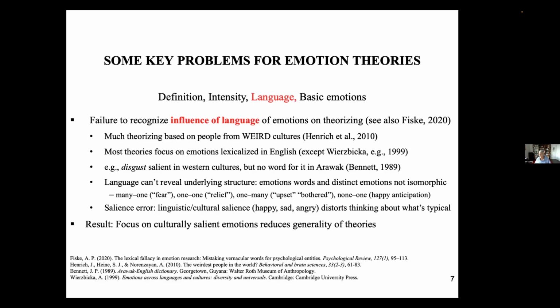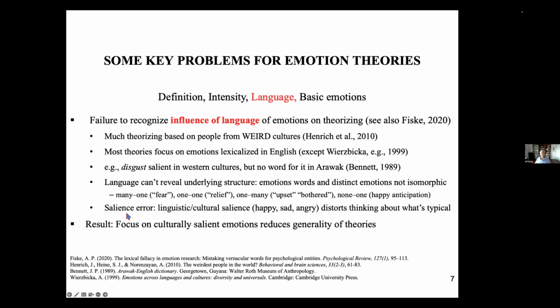The most common example that English-speaking people are familiar with is Schadenfreude. But Schadenfreude is a loan word from German. Why? Because there is no English word for it. So English speakers adopted a word from another language to characterize a particular emotion. So the main point here is emotion words and distinct emotions do not relate in any direct and predictable manner.